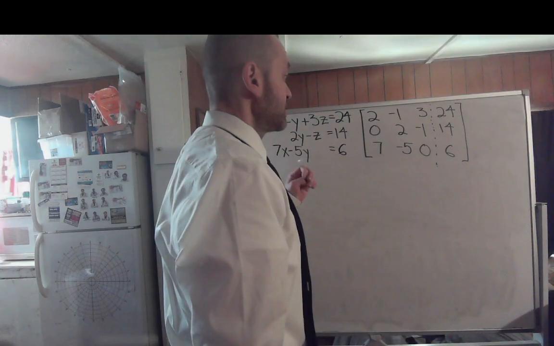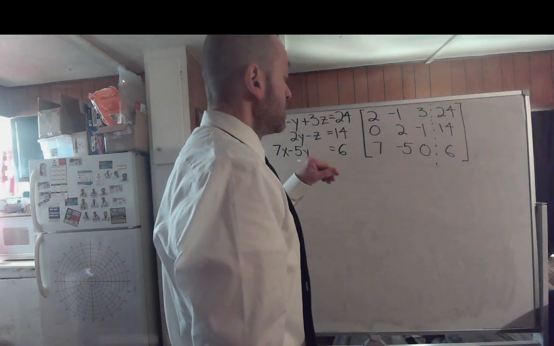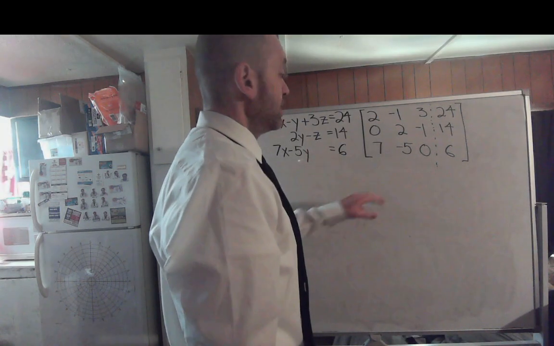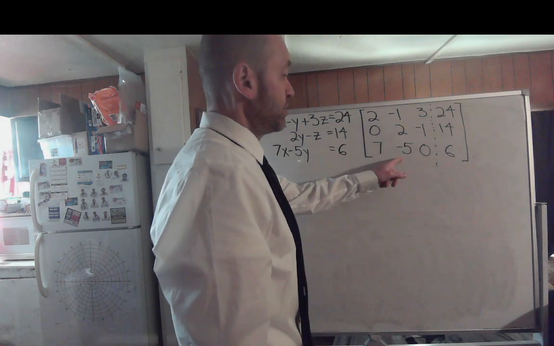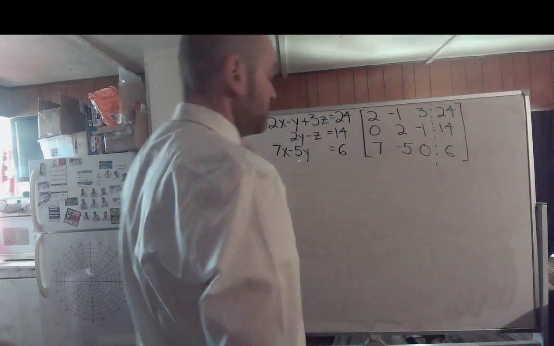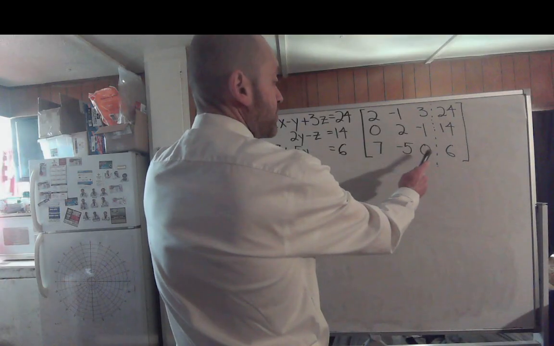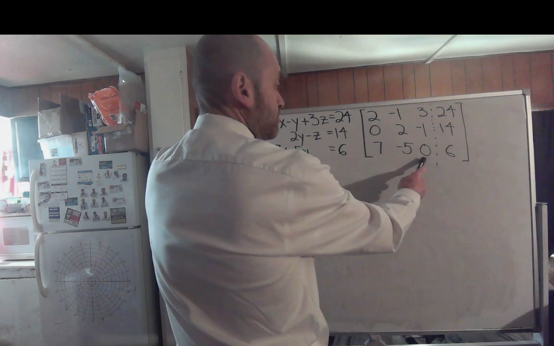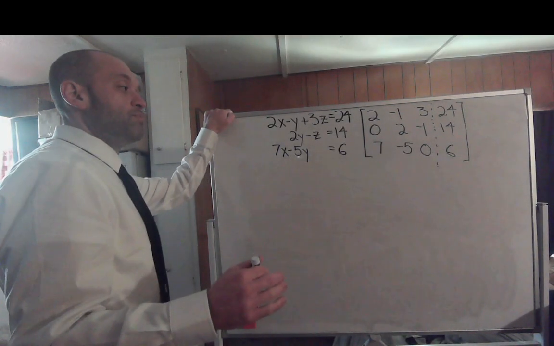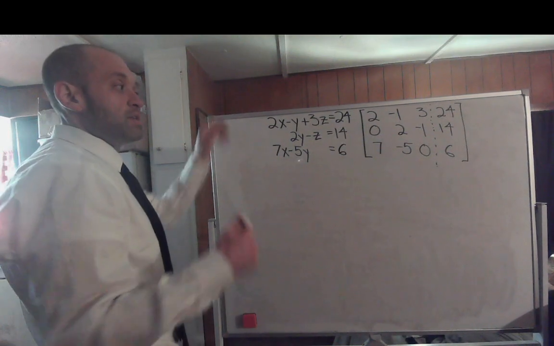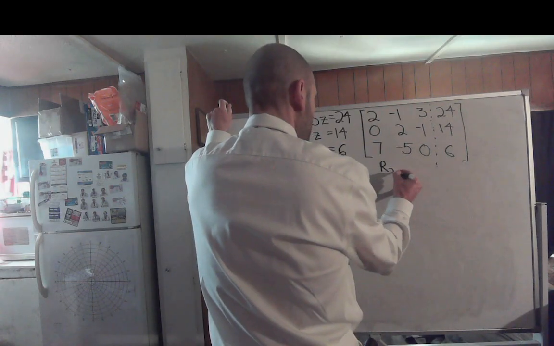So what I'm going to suggest here first is, if you look at rows 3 and 2, you see that the third digit of row 3 is a 0. That would definitely be suitable for me to switch rows 2 and 3. You can switch rows without changing the overall result.